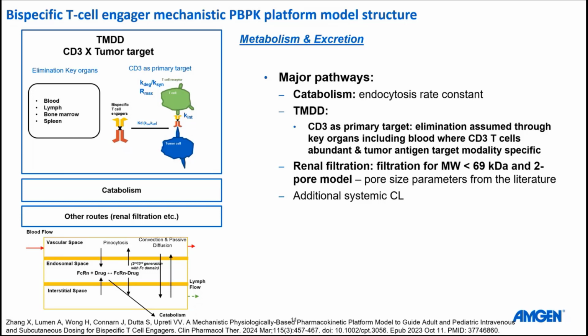And also, we have observed the correlation of a lower CD3 binding affinity to relatively longer half-life and shorter clearance in the elimination of the drug. So that's the reason the CD3 receptors are included as a primary target for TMDD. And the model also allows for adaptation to the specific tumor antigen targets.